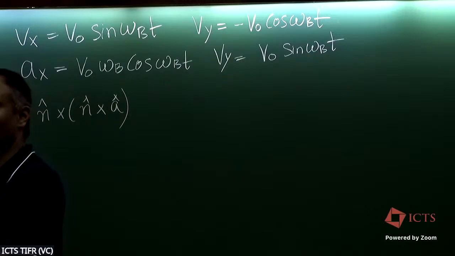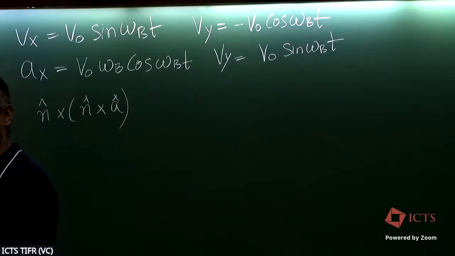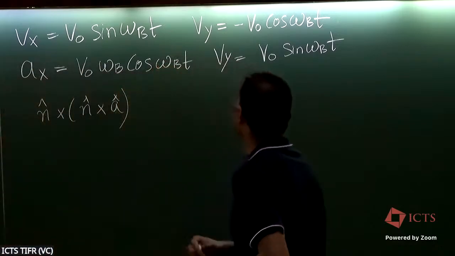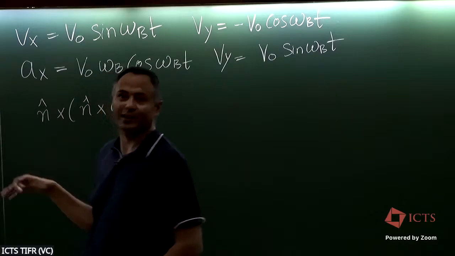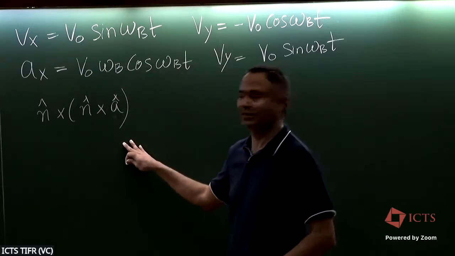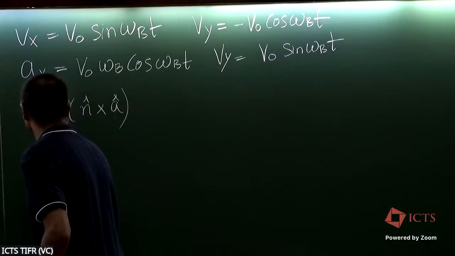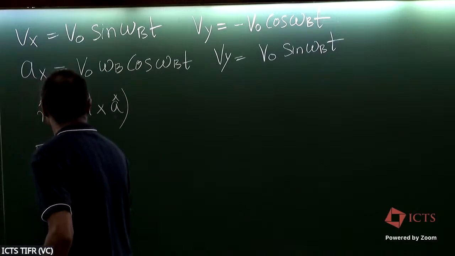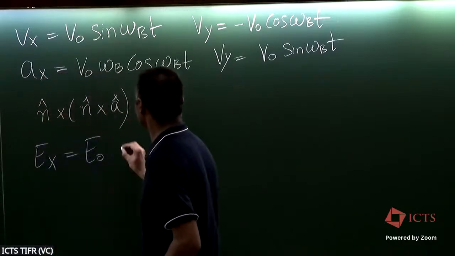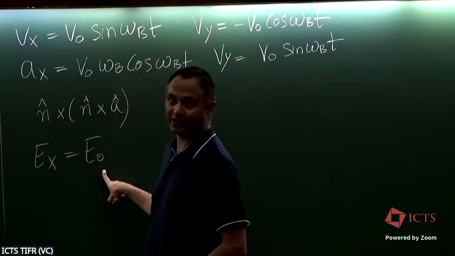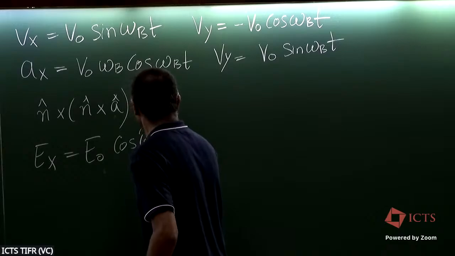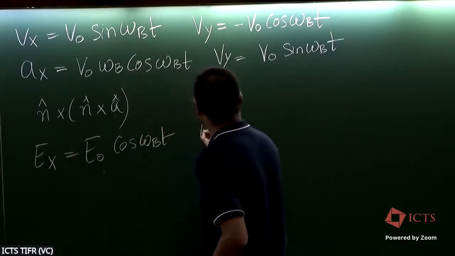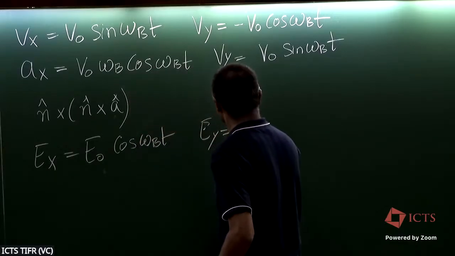So you're looking at an electron which is gyrating in the xy plane, and you're somewhere on the z-axis. Okay, so the fields you're going to see are going to be polarized again in the xy direction because of this, and you'll see an electromagnetic wave that has X and Y components that look like this.